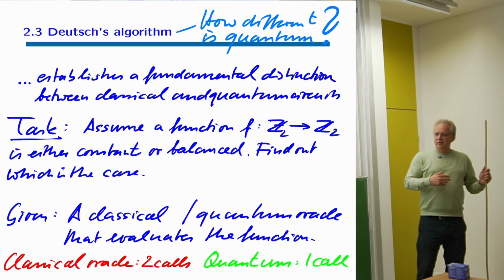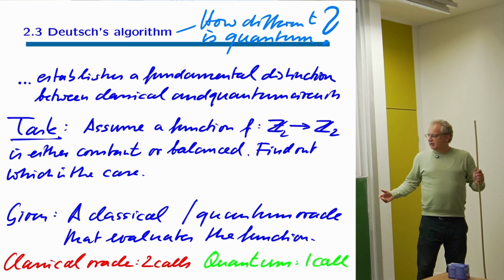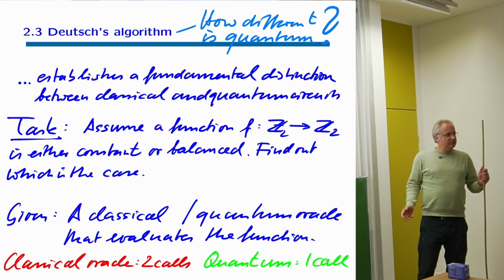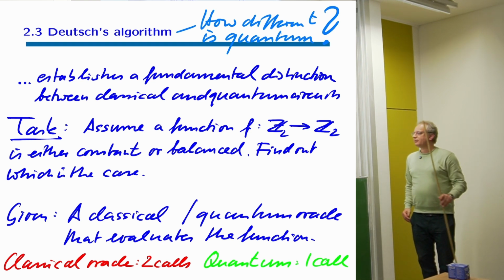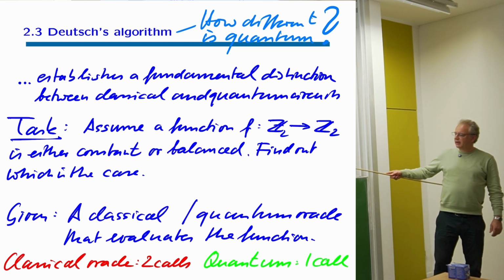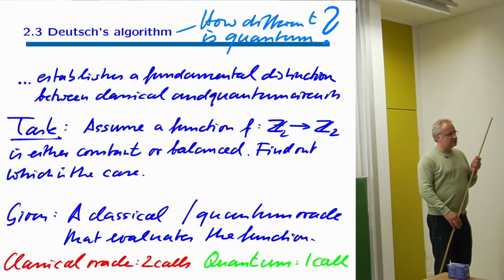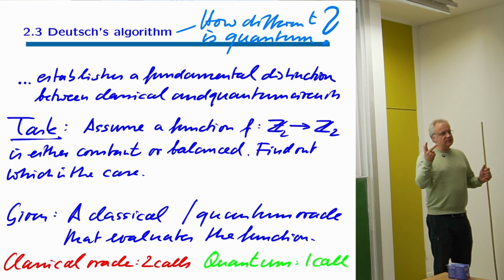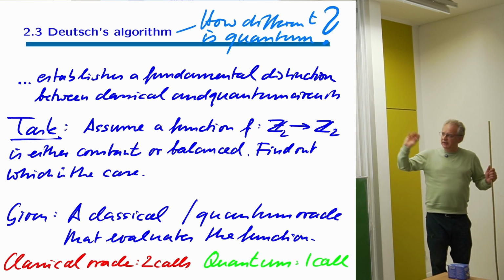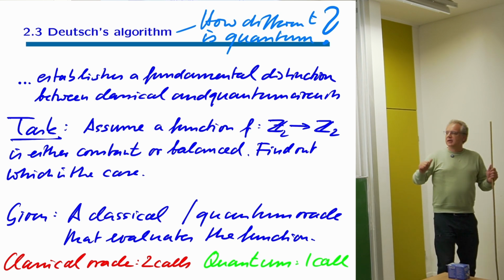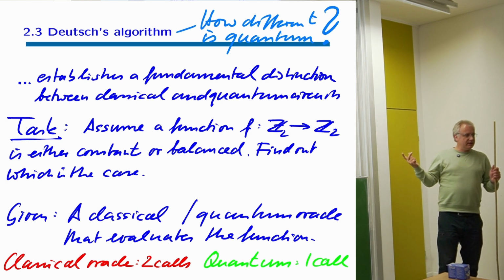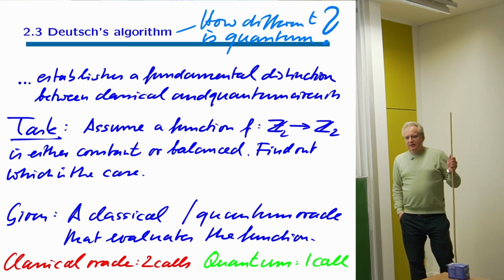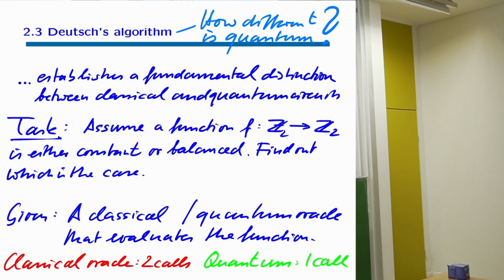If you just call the oracle once, it gives you the function value, and that doesn't determine whether the function is constant or balanced, so you need to call it a second time. It turns out that quantum mechanically, 1 call suffices. So there is a fundamental distinction, even if you don't care about this particular problem. There's a fundamental distinction between the quantum and the classical case, and in 1985 that was a point to make.